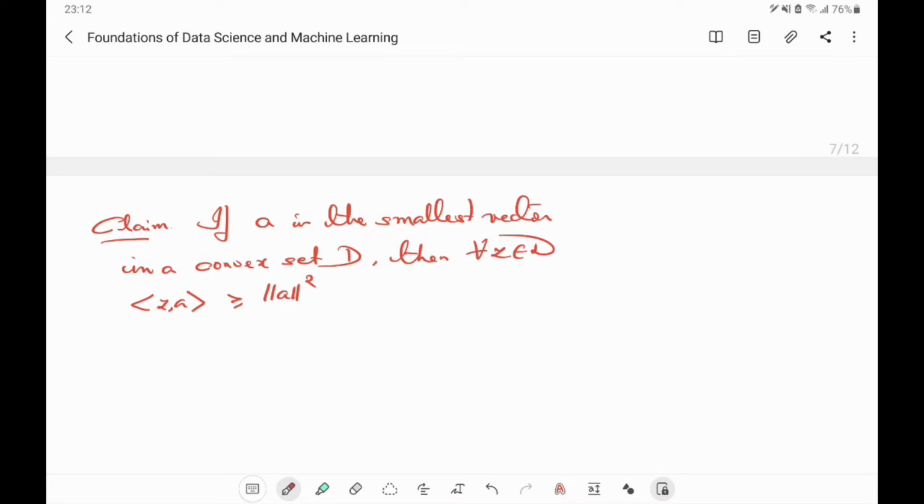So maybe we will first show a slightly weaker claim, that it is lower bounded by norm of A squared by 2, and then we will remark on how to extend this proof.